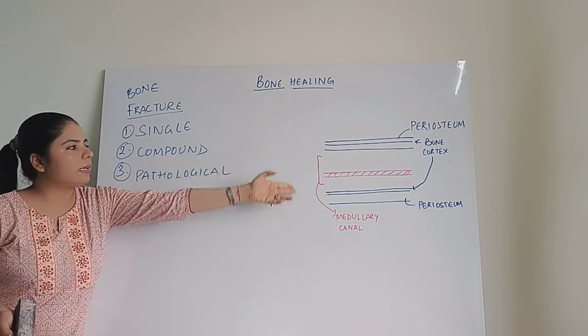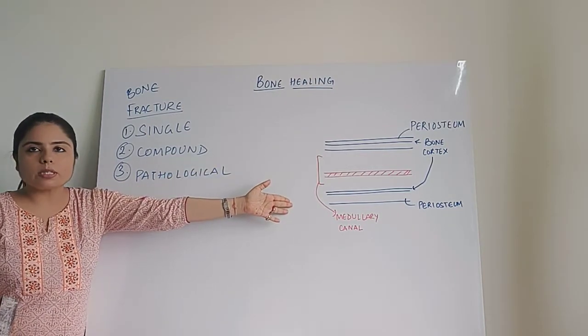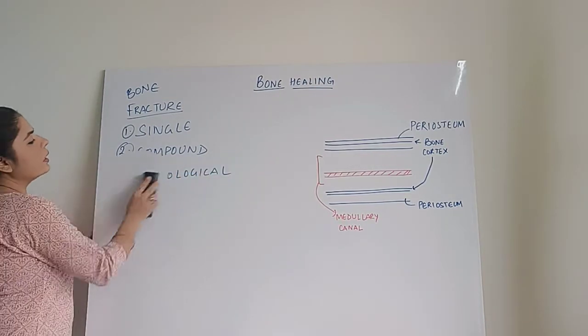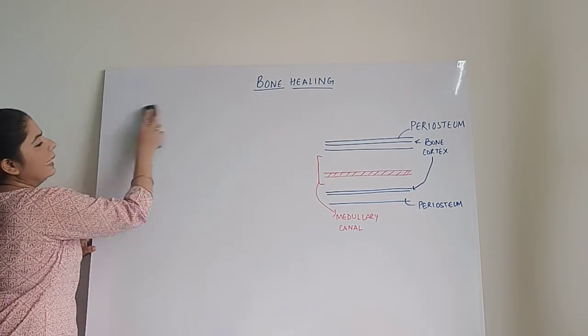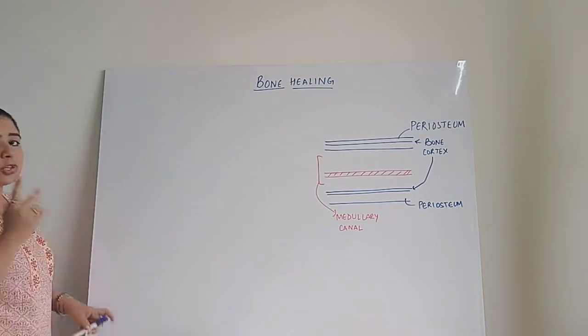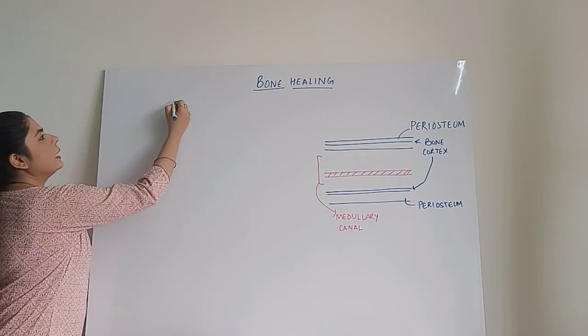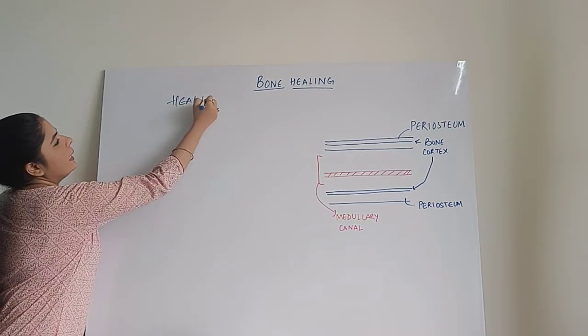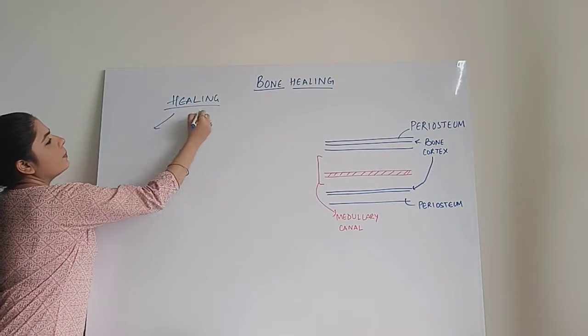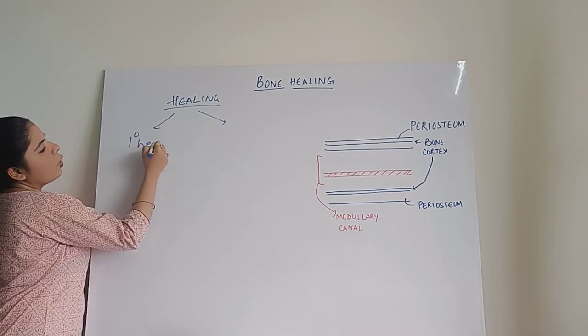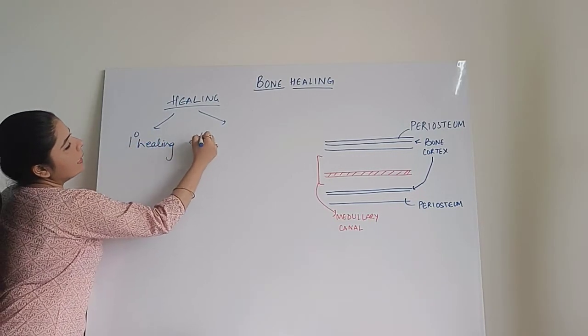This is a diagram or labeling of how a bone looks like, and then I'll tell you where this process of healing is taking place, right? There are two different types of healing. Healing is either primary healing or secondary healing.